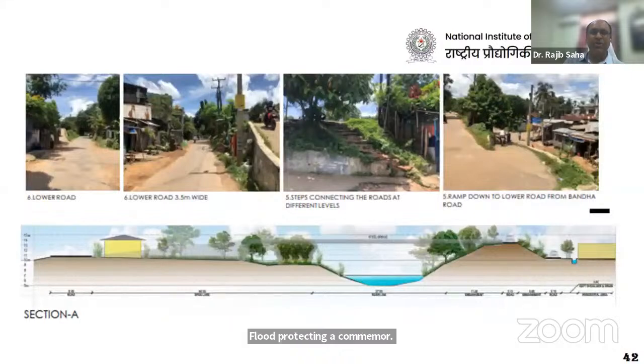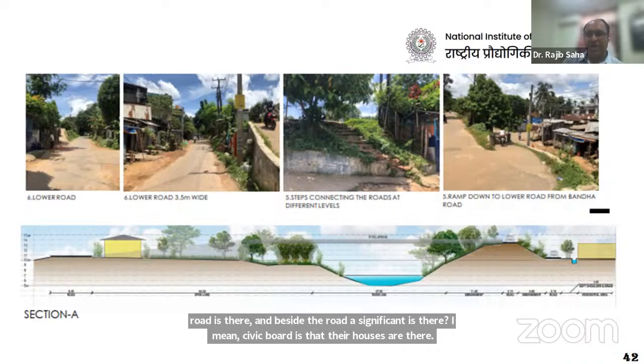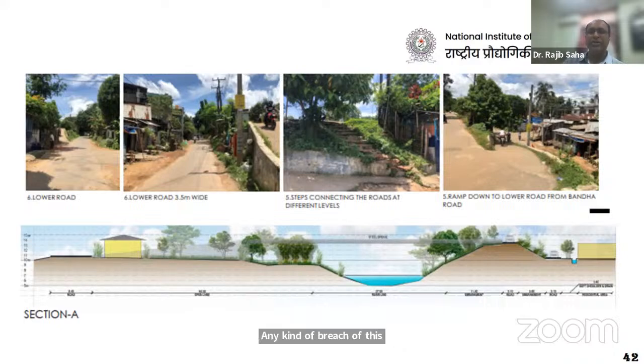Quickly, I am showing you some snapshots of this embankment. A road has already been constructed, and beside the road there is a significant agglomeration, with civic bodies and houses. Any breach of this embankment will cause significant casualties around Agartala.